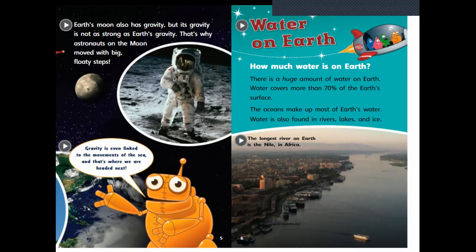So what details about Earth's gravity does the author include on page 5? Are these details in the words or in the pictures? So I would say they're actually in both.